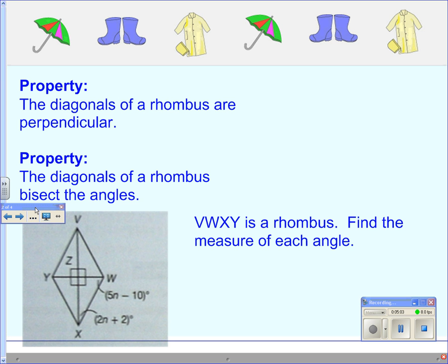What would you do to find the measures of the angles? Do you agree with that? What'd you get for n?